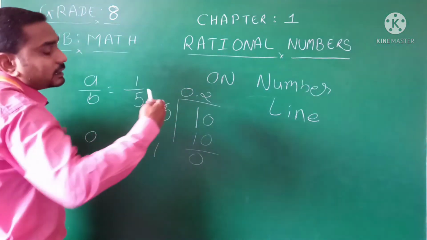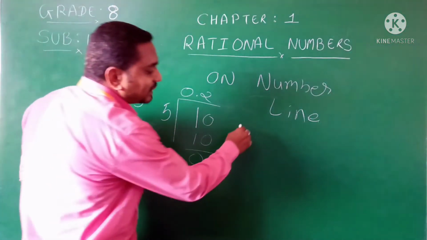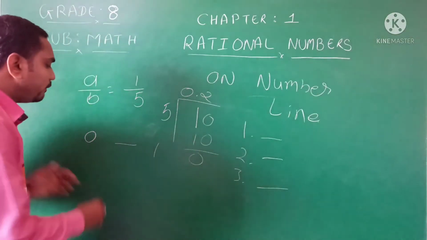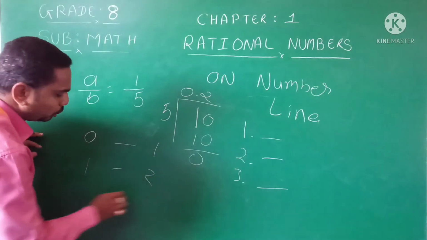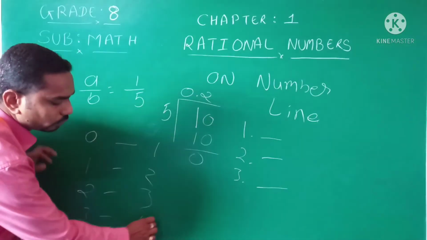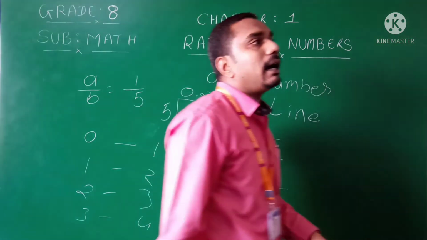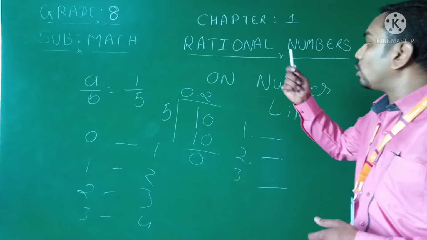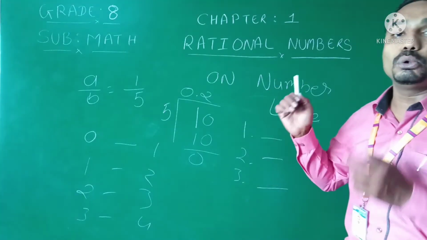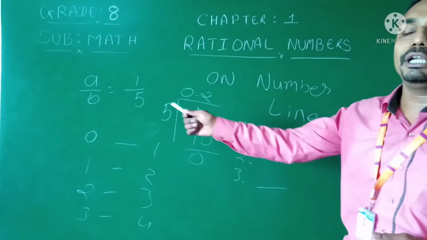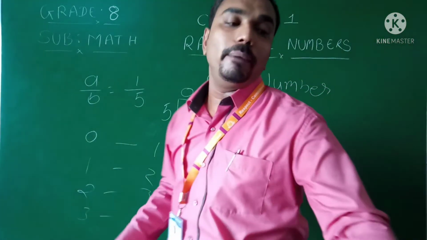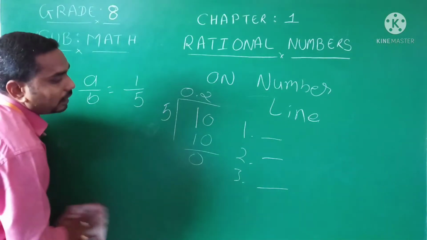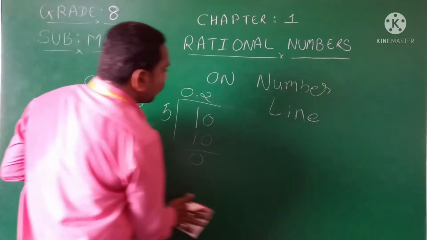For example, if we are thinking about a different number, if it starts with 1 point something, 2 point something, 3 point something, similarly we will say that it lies between 1 to 2, 2 to 3, 3 to 4. So it's vice versa. Before we denote a rational number on a number line, we are supposed to find the range of that particular rational number, where it will lie. So now we know that 1 upon 5 lies between 0 to 1.